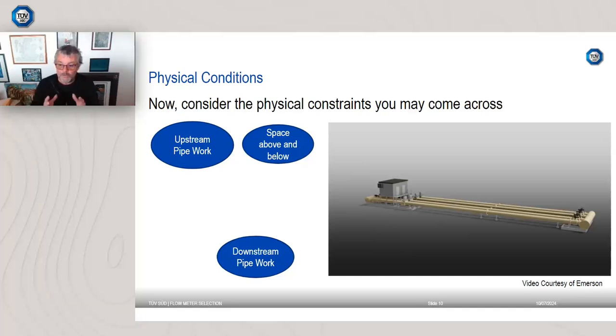And there is a world of difference between installing the system on the right in a field onshore, where effectively you have infinite space above, and going offshore, where my metering deck is in the middle of 8 or 9 decks of process, and my space above and below, both for installation and for removal, is extremely limited. So again, something to bear in mind before you go and buy that Coriolis meter that's 10 foot tall. Will you get it in to the place where it's meant to go? And when it comes to calibration time, will you be able to get it back out?